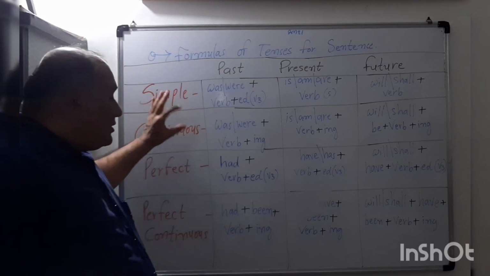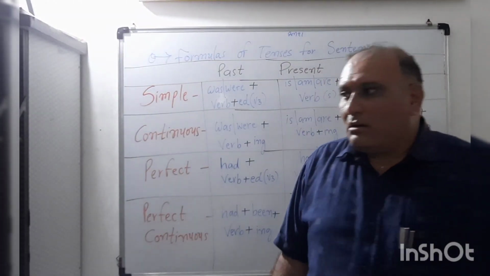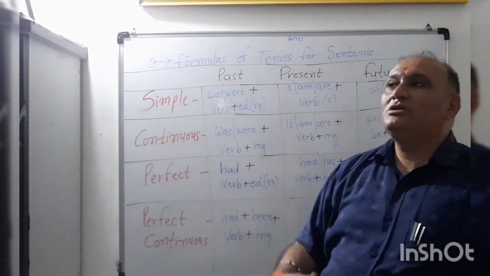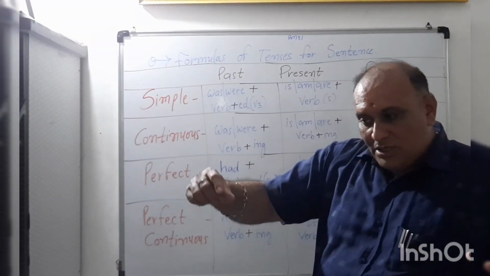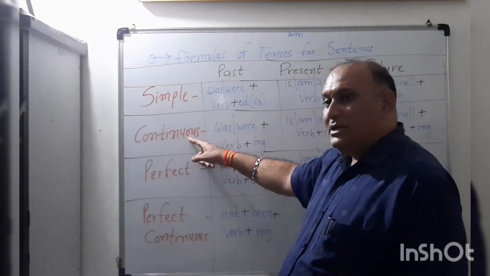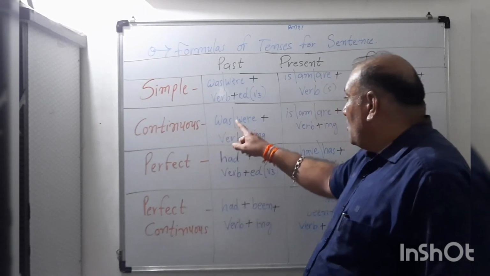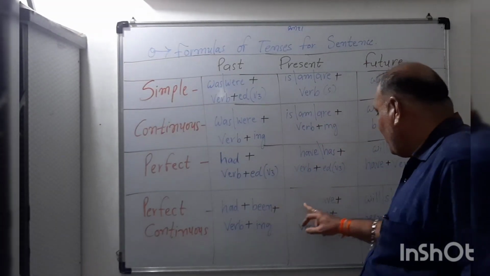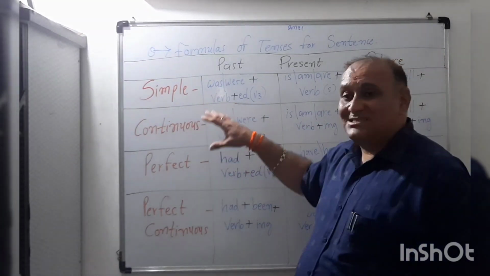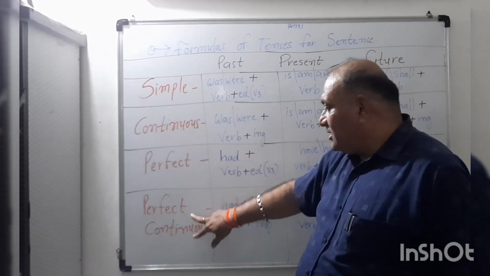So right now I should give you a little bit of a hint. If we have to describe a continuous form of the motion, then we use continuous, and with the perfect also. So 1, 2, 3, 4, 5, 6, we have 6 tenses among these 12 tenses named with continuous.